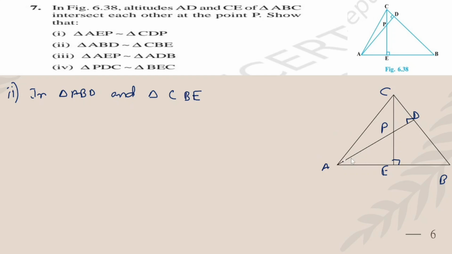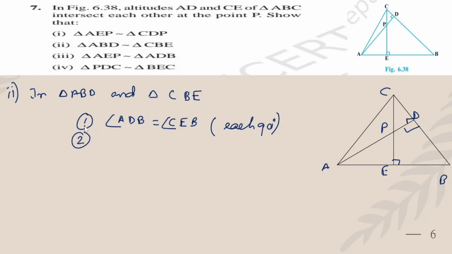In ABD this angle is 90 degrees, and in CBE this one is 90 degrees. So condition number 1, angle: in triangle ABD, angle ADB is the right angle, equals angle CEB in triangle CBE, the right angle, each 90 degrees.